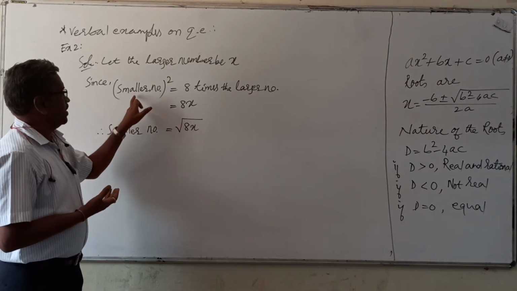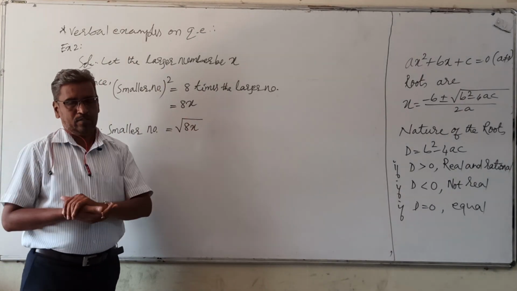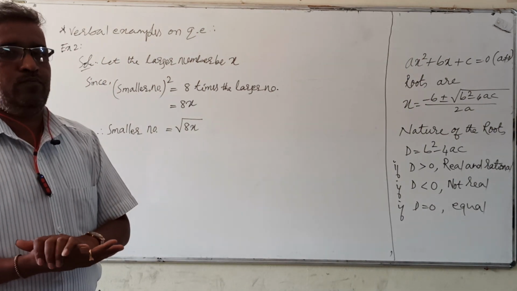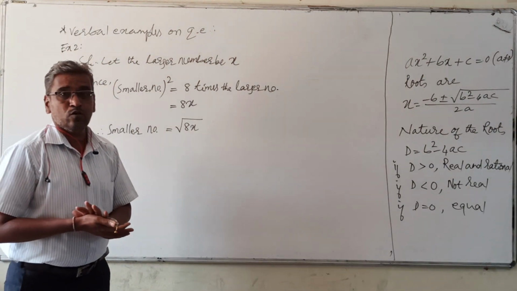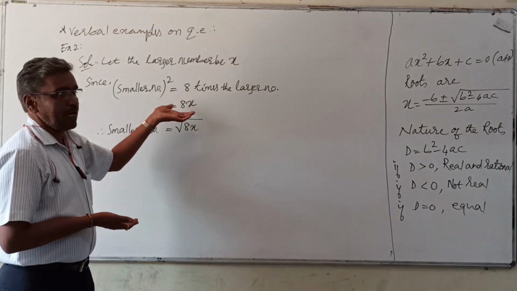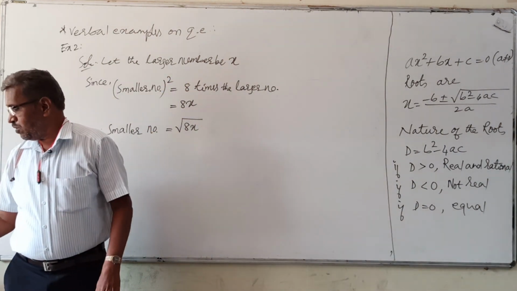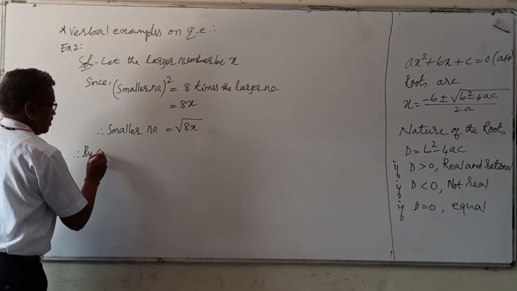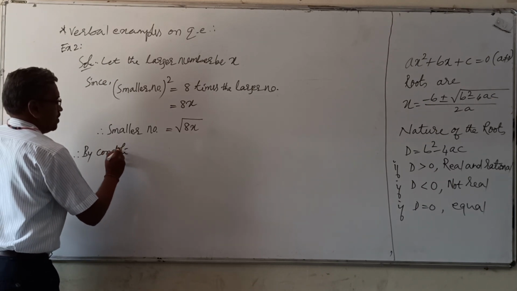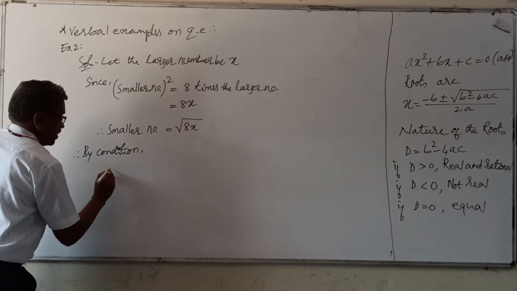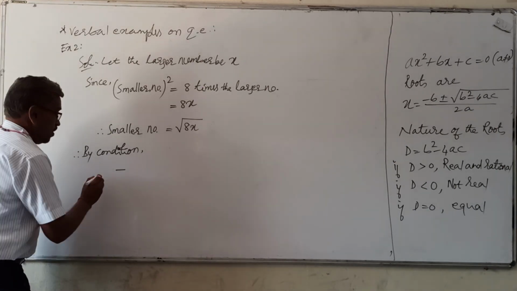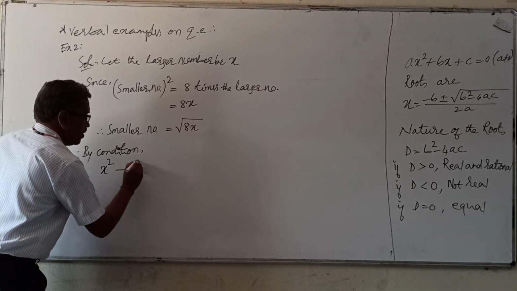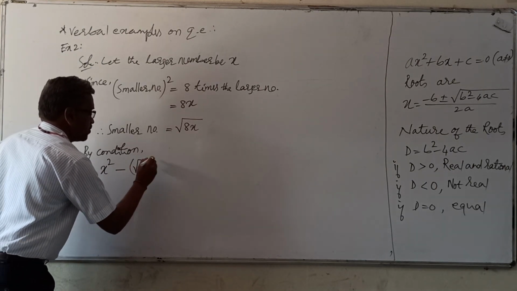Therefore, for the smaller number, square goes, square root comes. The difference of the squares of two numbers, among which is the larger number. So I want to write, therefore, by given condition, difference of squares of the numbers, x square minus root of 8x bracket square.